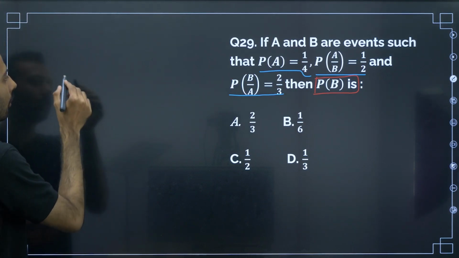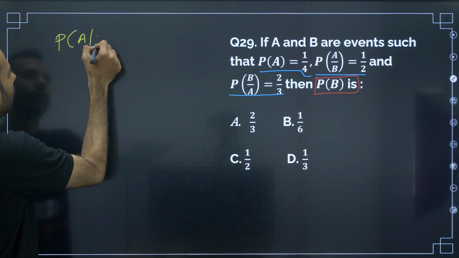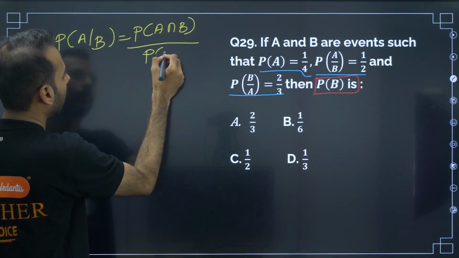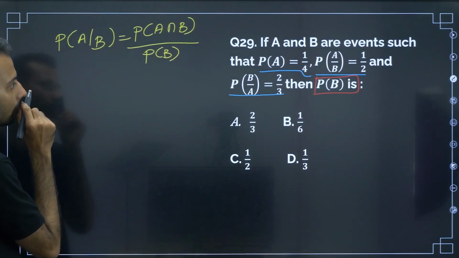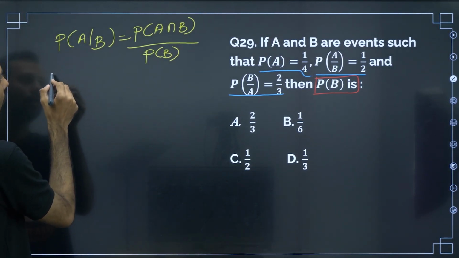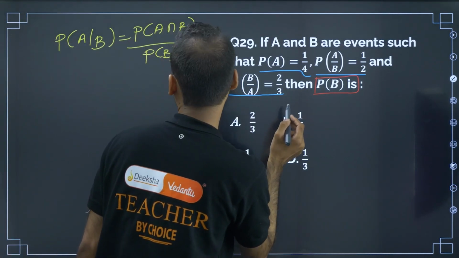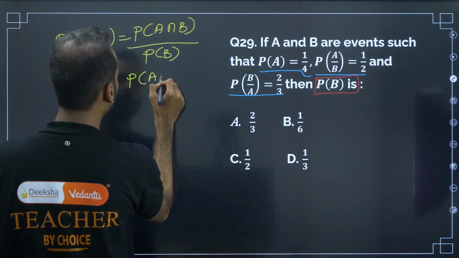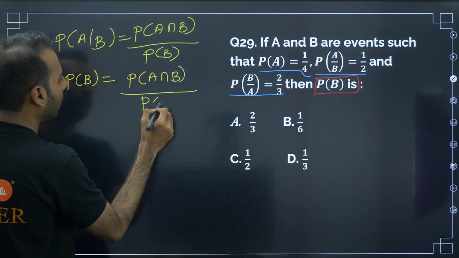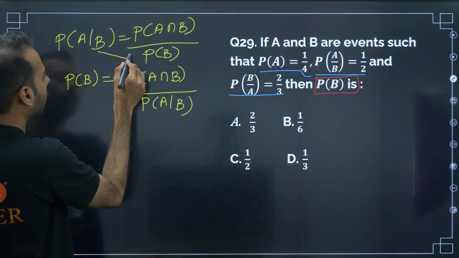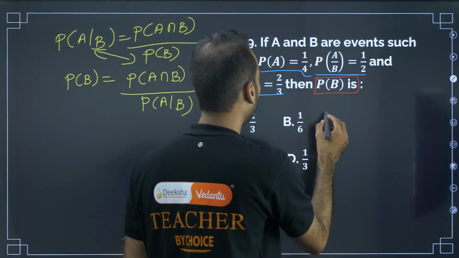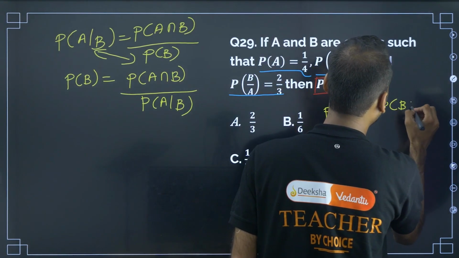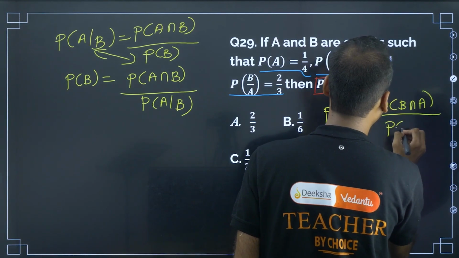Probability of A given B is equal to probability of A intersection B by probability of B. Before going to that, from here I can write P of B is equal to P of A intersection B by P of A given B. I am just interchanging their places. Next, P of B given A is equal to P of B intersection A by P of A.